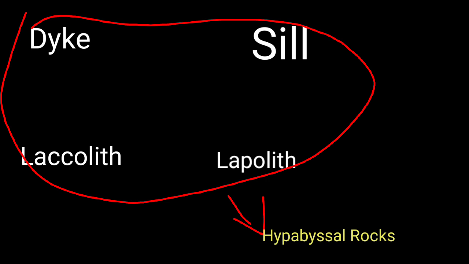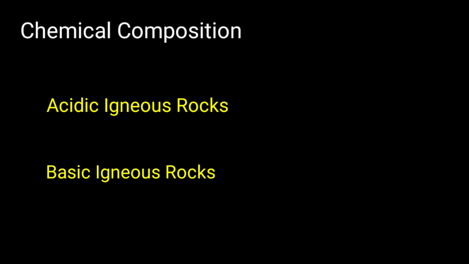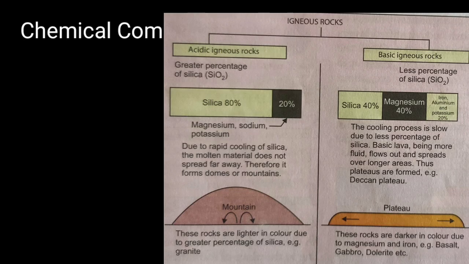Now let us see the classification of rock based on chemical composition. Based on chemical composition, igneous rocks are categorized in two categories: acidic igneous rock and basic igneous rock.